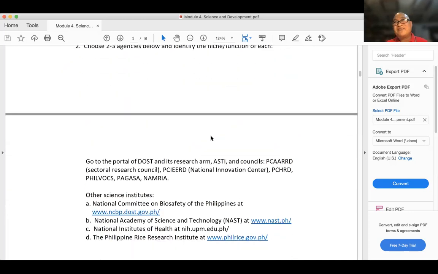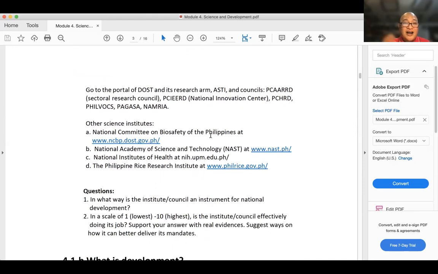Anyway, the Department of Science and Technology is the leading government department that deals with science and technology matters. They have several research arms, development institutes and councils. For example, the Advanced Science and Technology Institute, PAGASA, PHIVOLCS, and some of the other sectoral councils like PCAARRD, PCHRD, and even NAMRIA, the National Mapping and Resource Information Authority.